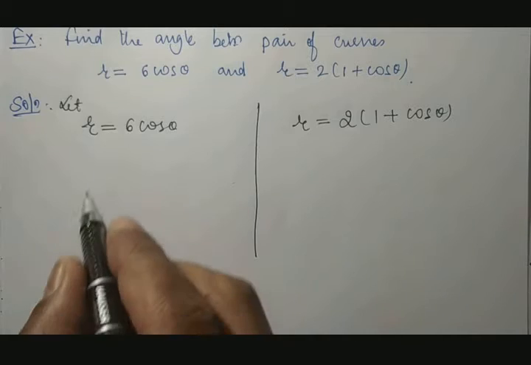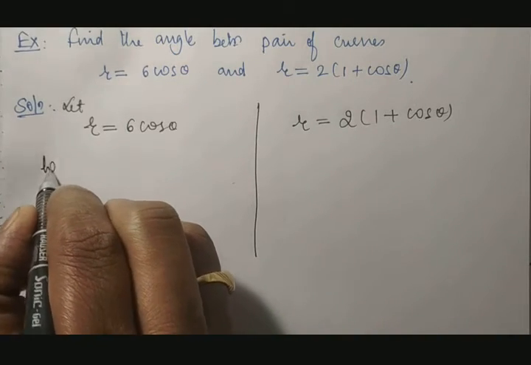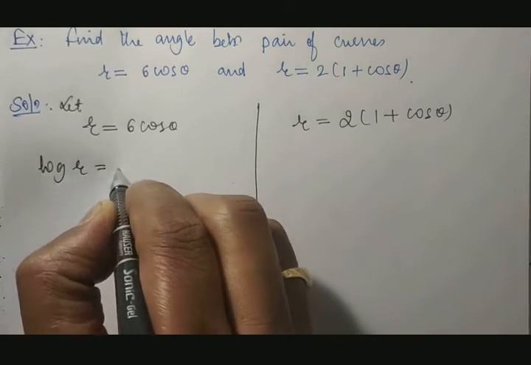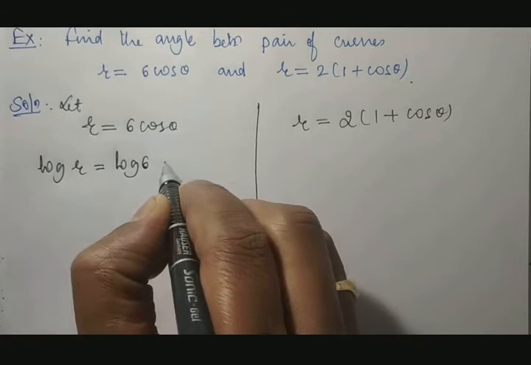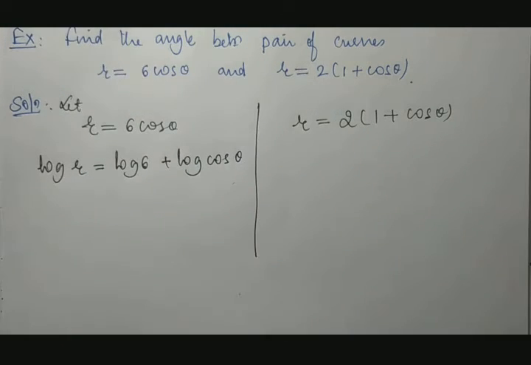Since these are polar curves, apply log on both sides. Then it becomes log r is equal to log 6 plus log cos theta.